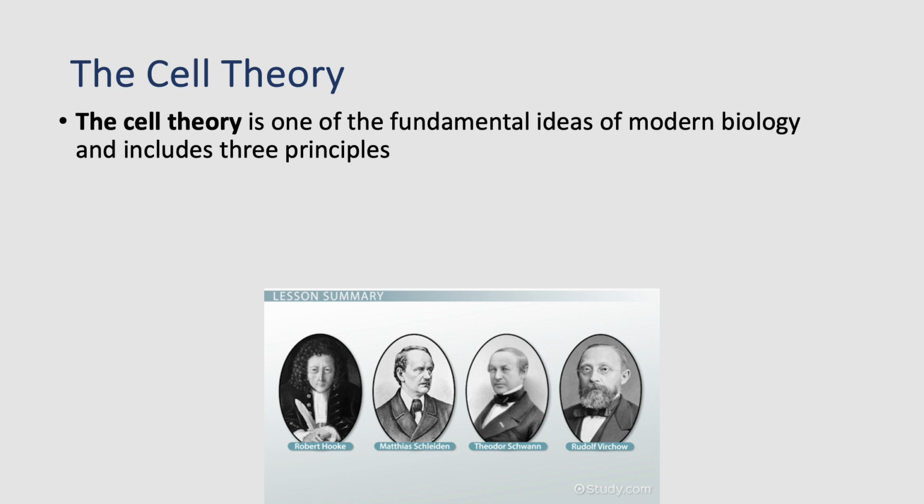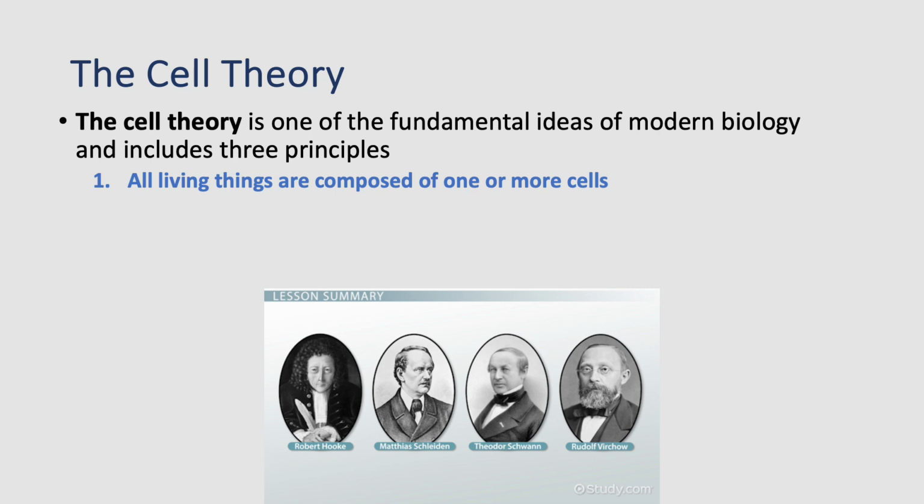Now, the cell theory is one of the fundamental ideas of modern biology, and it includes three basic principles. First of all, living things are composed of one or more cells. Everything that is alive is composed of either one cell or multiple cells combined together. This is really important because Robert Hooke was the first one to come up with this idea that all living things are made of cells.